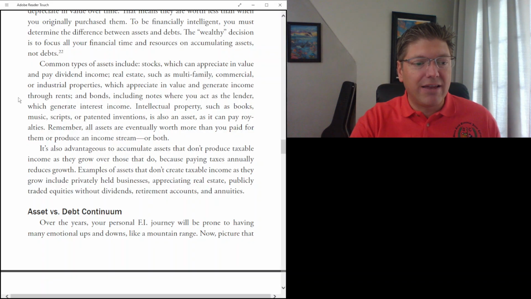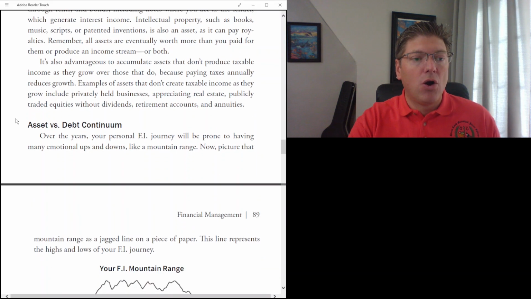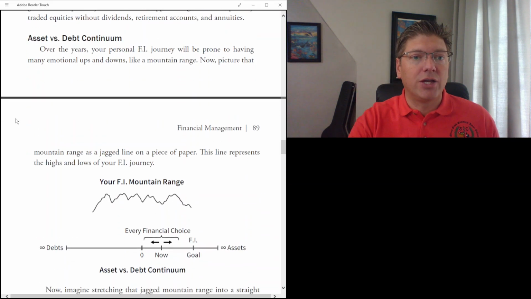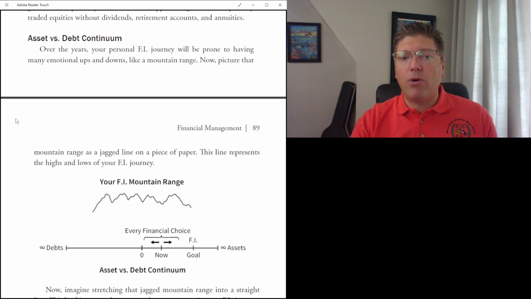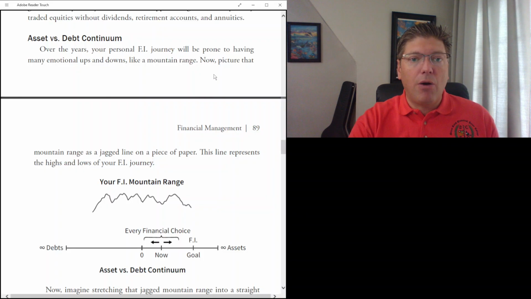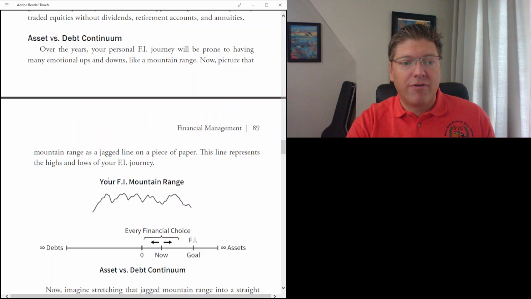All right, the asset versus debt continuum. Over the years, your personal FI journey will be prone to having many emotional ups and downs, like a mountain range. Now picture that mountain range as a jagged line on a piece of paper. This line represents the highs and lows of your FI journey.